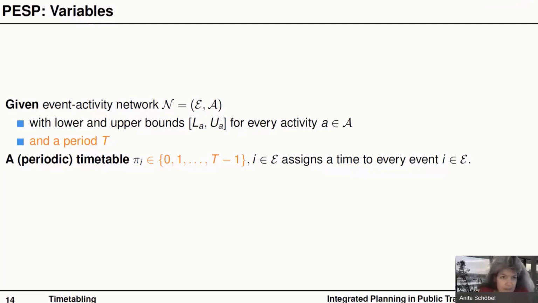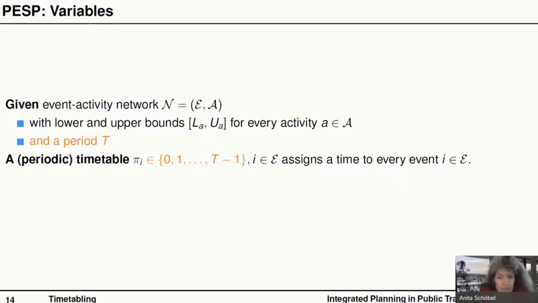In the event activity network for aperiodic scheduling, we had an event for every vehicle, so every bus and every arrival and departure at every station. Now we have events not for every bus, but for every line, including more than one bus. Still, the periodic timetable assigns integer numbers to each of our nodes.